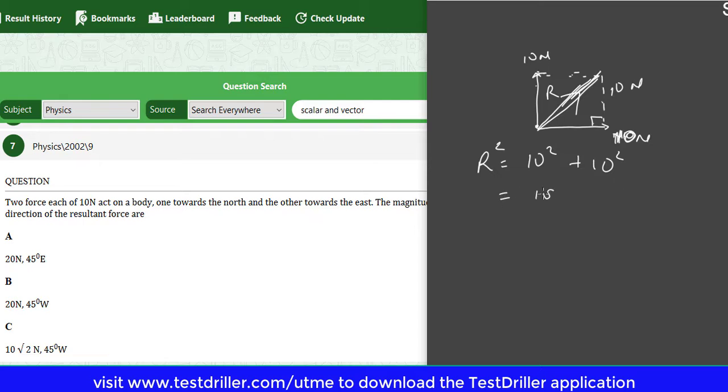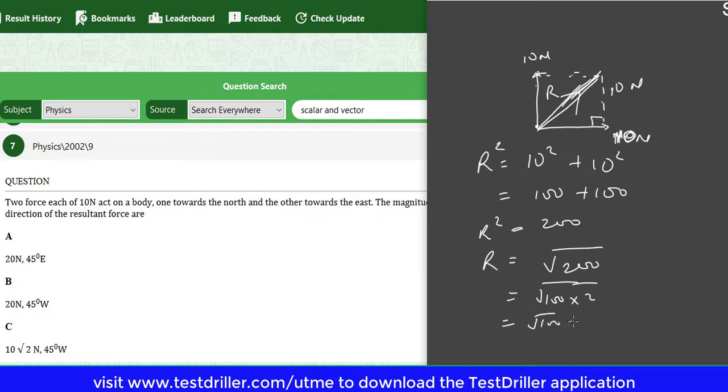So that will give you 100 plus 100, and that's 200. Then r is the square root of 200, which is equivalent to the square root of 100 times 2, which you can write as the square root of 100 times the square root of 2, that's 10 root 2 Newton. So this is the magnitude of the resultant force.